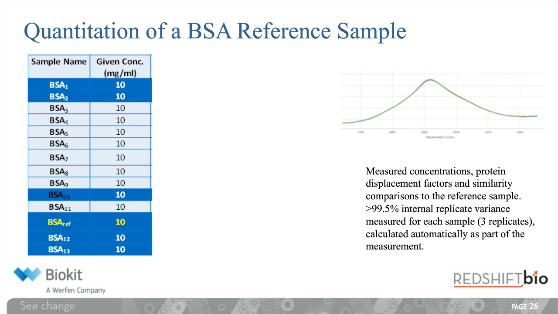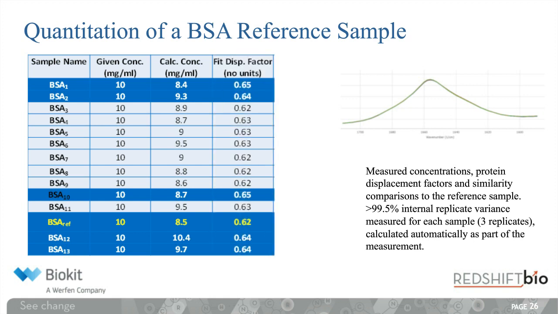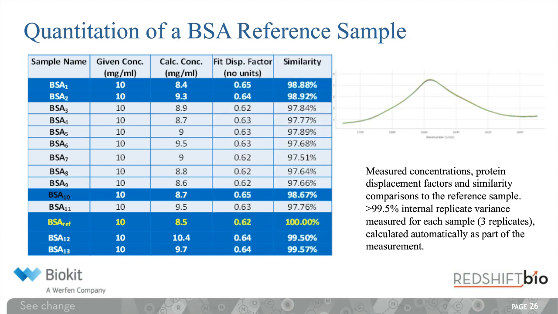However, after employing the previously generated equation, the concentrations were calculated. We also obtained the displacement factor, which was approximately the same for all samples. And we also obtained the sample similarities. It means how similar the studied BSA samples were with respect to the selected reference BSA.